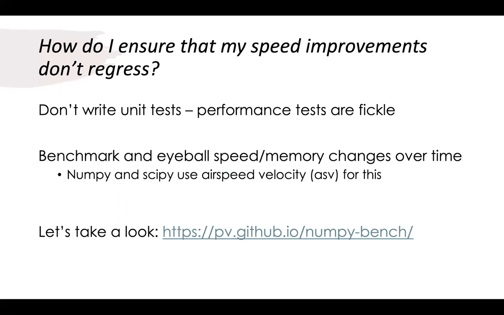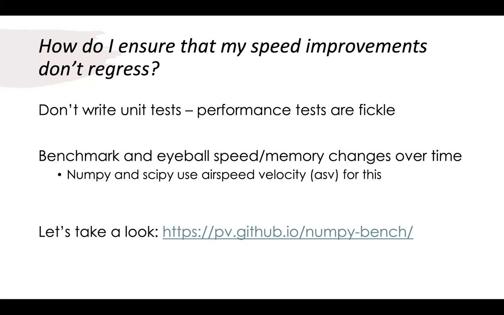Okay. For those people doing TDD who think, let's say I've done my improvements, how do I make sure that they don't regress over time? It turns out writing unit tests is probably a bad idea. I've tried it, and the problem with unit tests is that they are fickle.